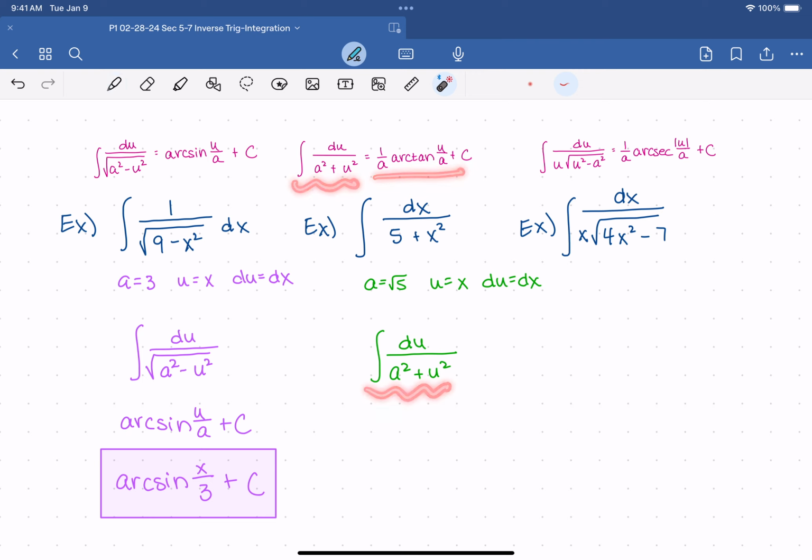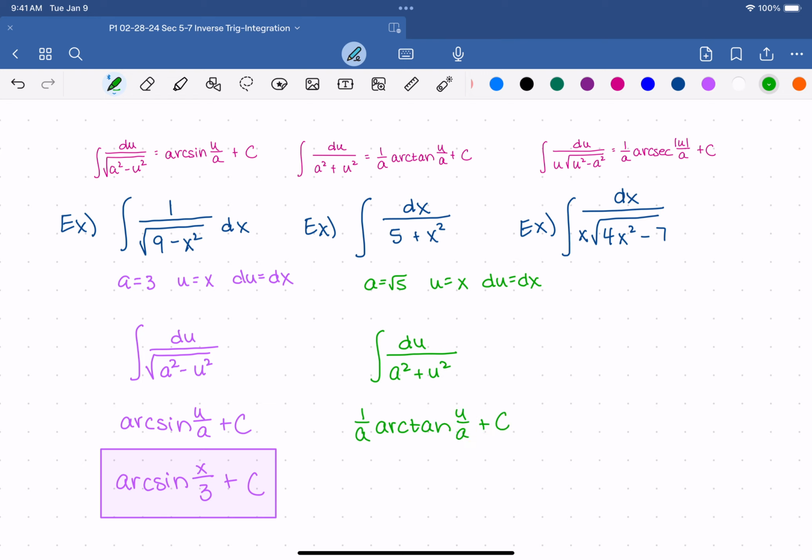So there's our answer right there. 1 over a arctan u over a plus c. And if we substitute the a's and the u's in, we get 1 over root 5 arctan x over root 5 plus c. And there you go.